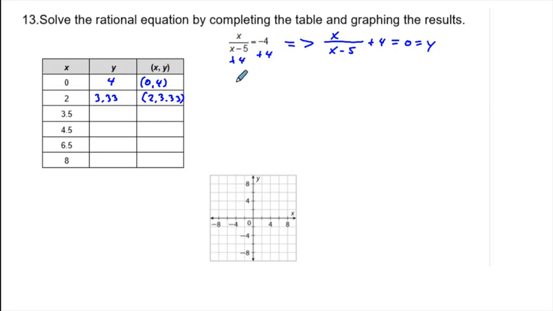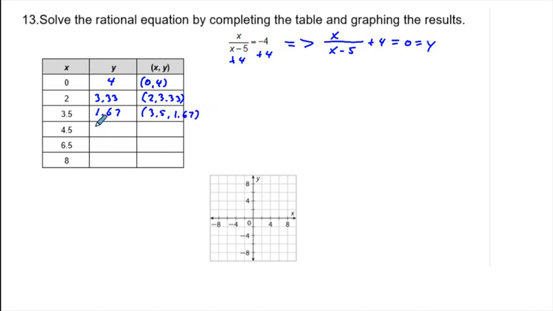If we plug in 3.5, what we have is 3.5 over 3.5 minus 5, so 3.5 over negative 1.5 plus 4, that's going to be 1 2/3, or I'll put 1.67. I'm going through these pretty quickly here. So we have 3.5 comma 1.67. That's a decimal approximation.